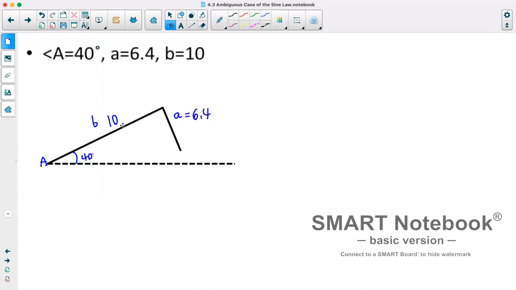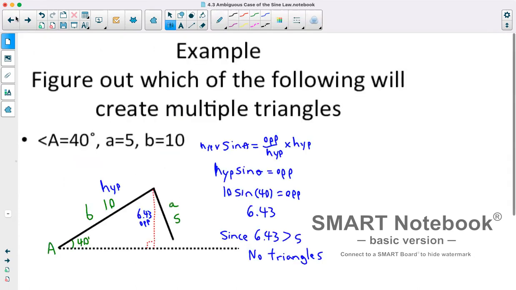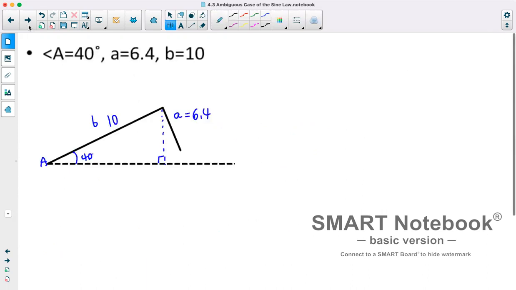You'll notice I used the same length and same angle here simply so we don't have to recalculate this height. We calculated that height using 10 and 40, so we know that height is 6.43, which we'll round to 6.4. Because these are the exact same, we have one triangle.